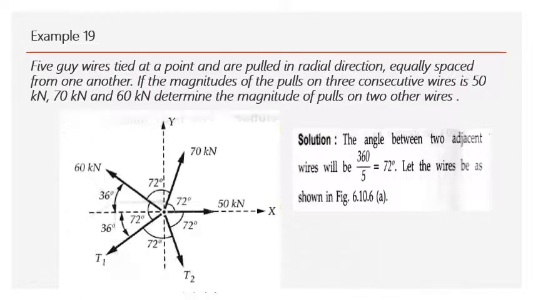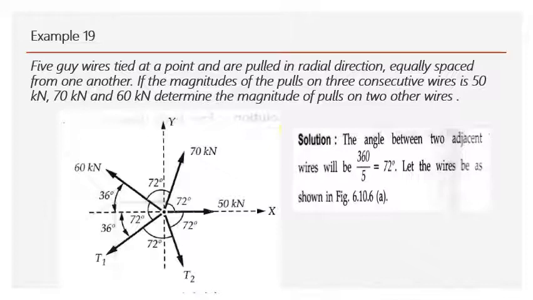So mark the 5 wires. Since these are wires, we know that cables, wires, strings, ropes are all subjected only to tensile forces. So mark the forces as away from the joint. They are all equally spaced, at 72 degree.